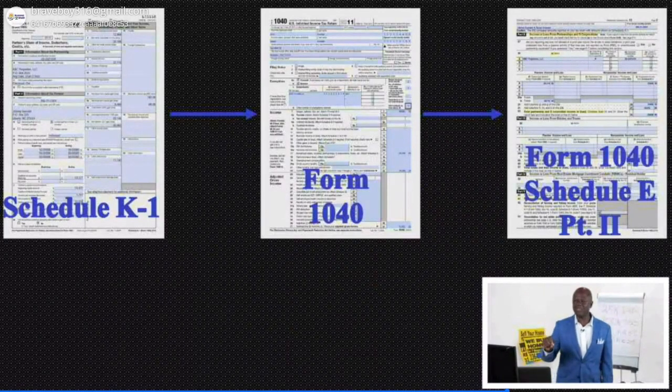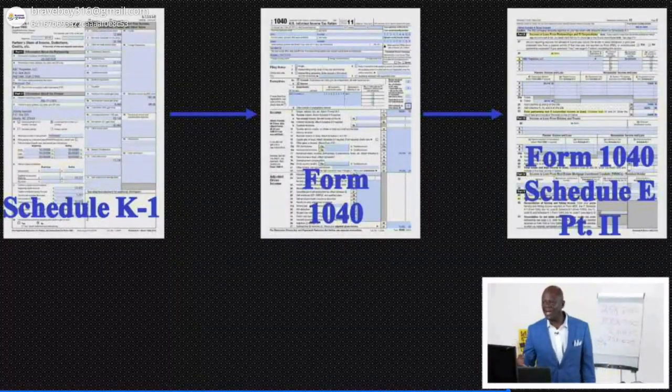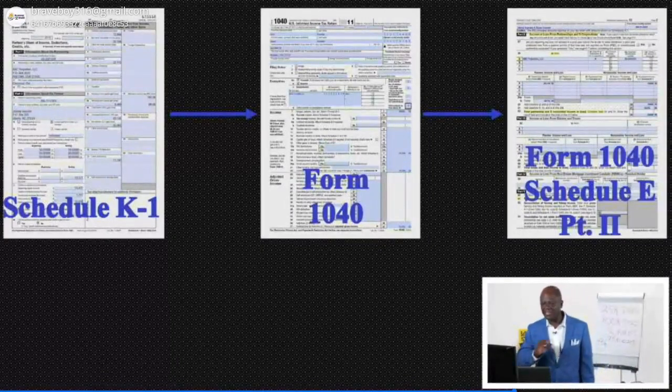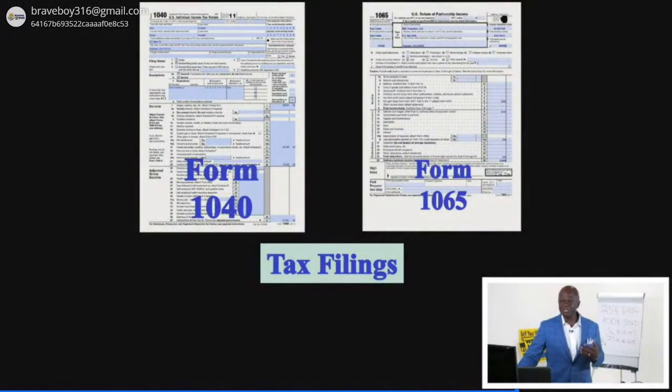So if you had 3 companies, 4 companies, then you would have all of those companies listed on your Schedule E with just a total amount of profit and or loss reflected. End of story.